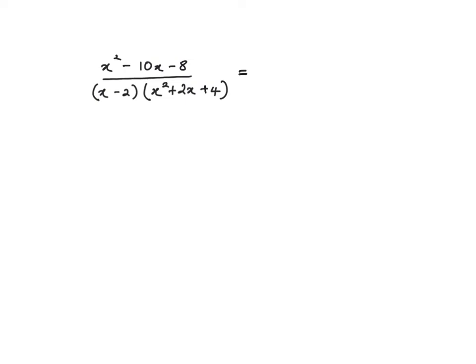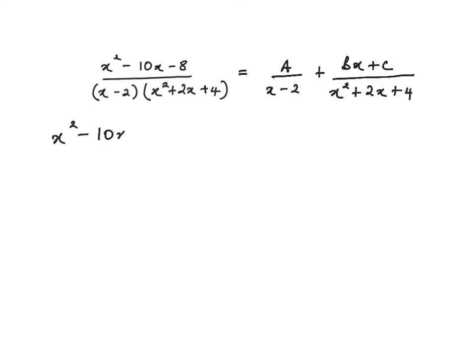So let's proceed then. A over x minus 2, plus bx plus c over x squared plus 2x plus 4. So if I proceed straight to the numerator, it's going to be a lots of x squared plus 2x plus 4 plus bx plus c lots of x minus 2.